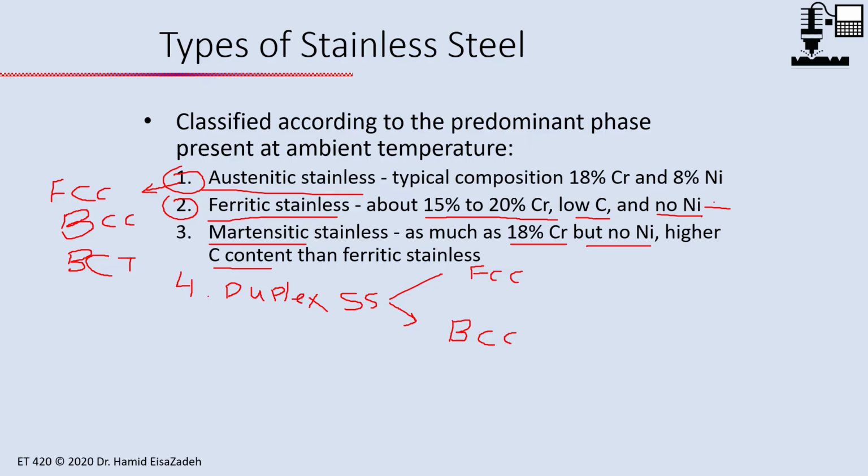Ferritic steel can be used too, they have less corrosion resistance, and also less ductility. They can be used in a kitchen as utensils, up to jet engine parts.